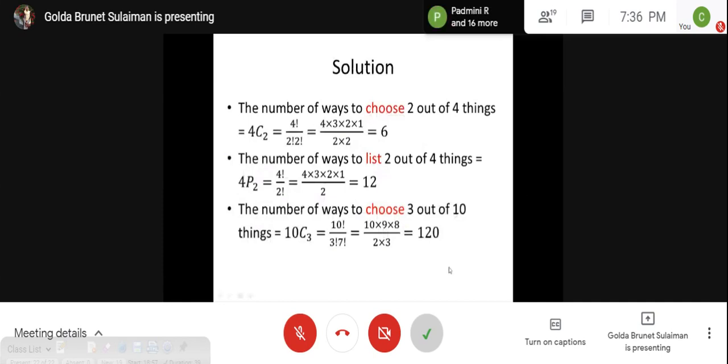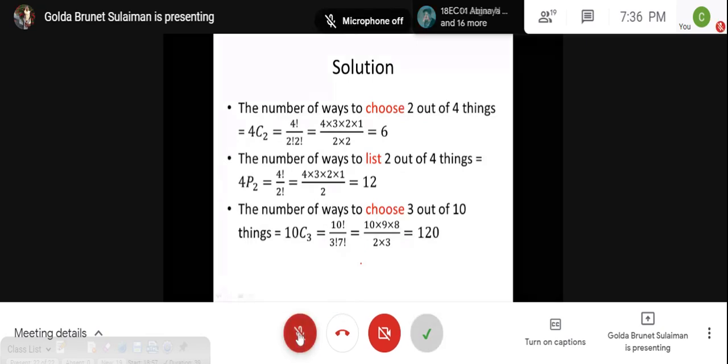Is that fine? So when you choose, you apply the combination. This is mere substitution of formula. I think everybody should get this answer without any confusion. Am I with you?